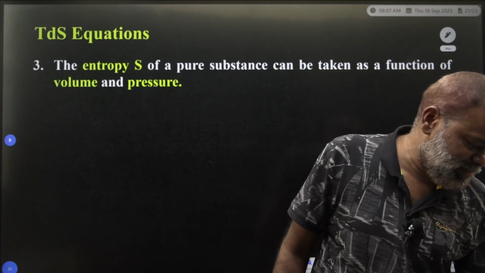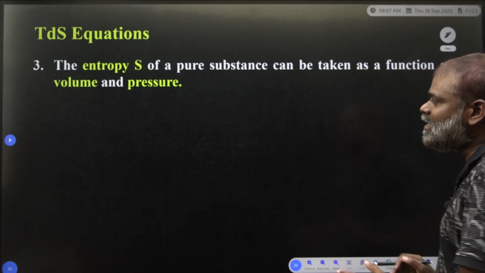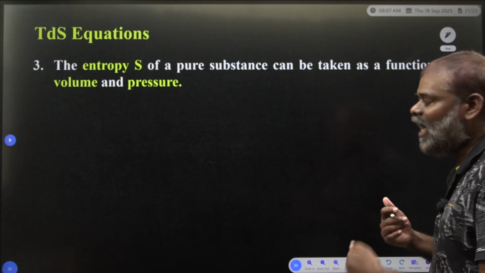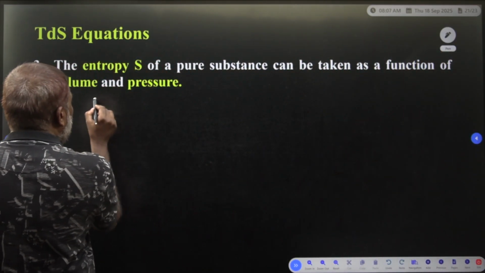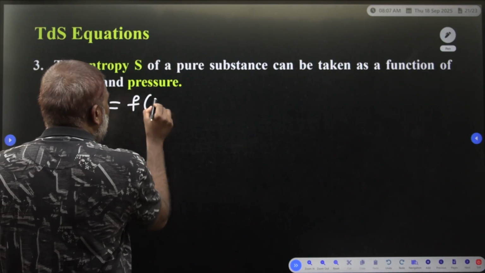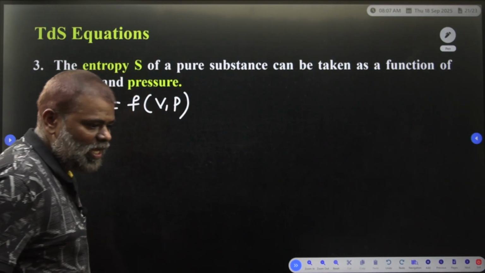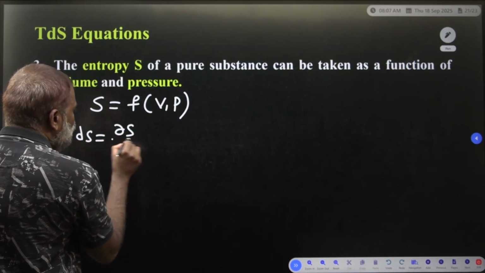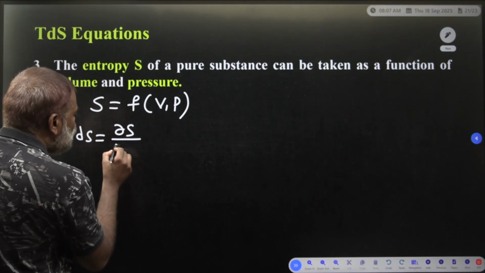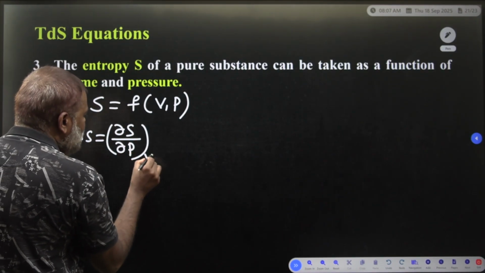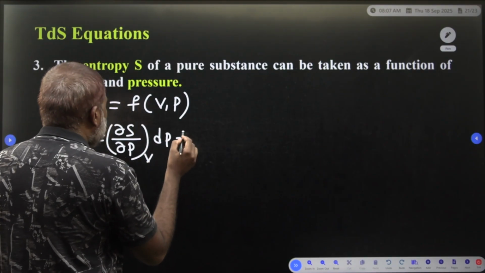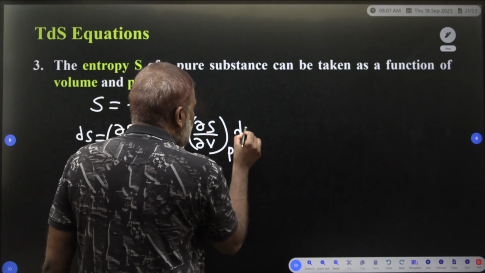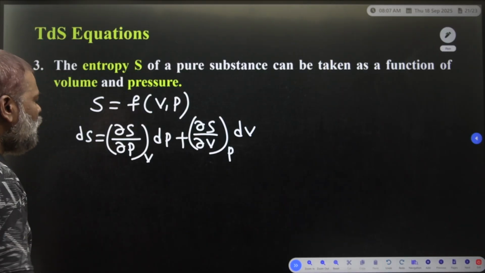How we have to write it: the entropy of a pure substance can be taken as a function of volume and pressure, S is a function of P and V. So you are able to take the partial derivative: dS is equal to ∂S/∂P at constant volume into dP plus ∂S/∂V at constant pressure into dV.